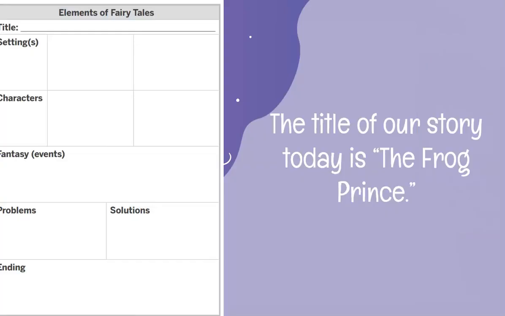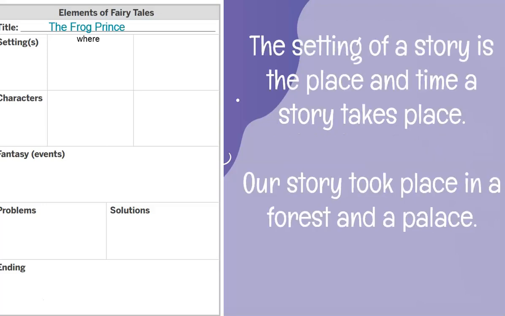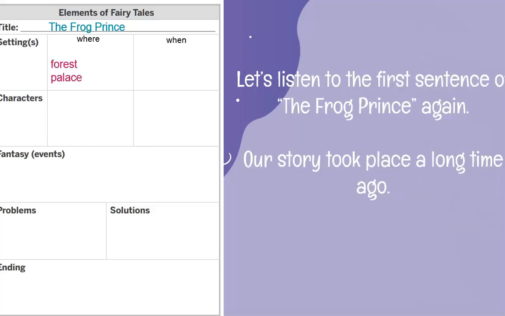The title of our story today is The Frog Prince. The setting is the place and time a story takes place. Our story took place in a forest and a palace. Let's listen to the first sentence of The Frog Prince again. Our story took place a long time ago.